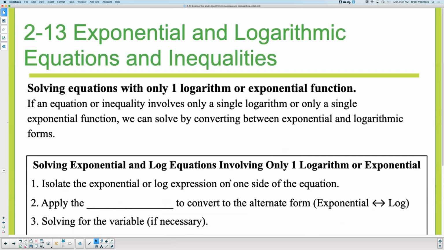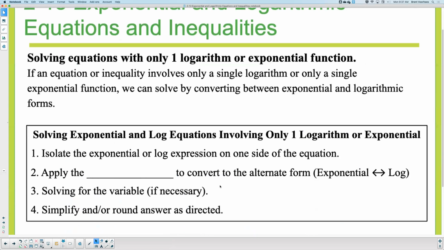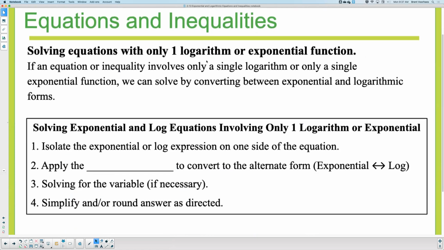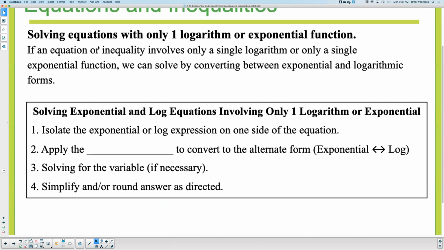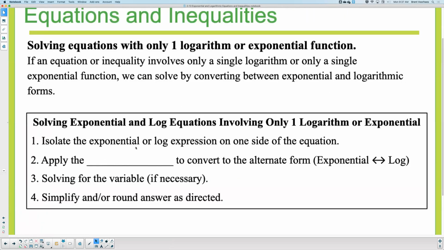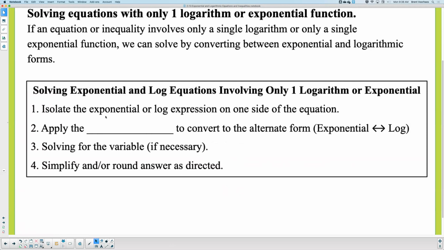I have on this slide some steps that you can follow if you're solving an equation with only one logarithm or exponential function. First off, we're going to isolate the exponential or log expression on one side of the equation. And 2, we're going to apply the blank to convert it to alternate form. What do you think we're going to apply? What converts from exponential to log or log to exponential? Property? No. Good thought, but it's not a property. It's a word that starts with the I. Inverse.